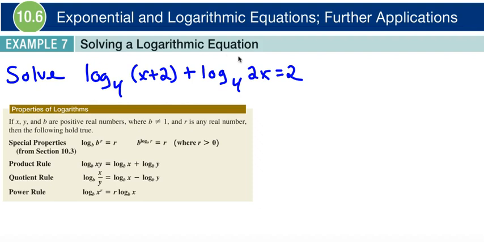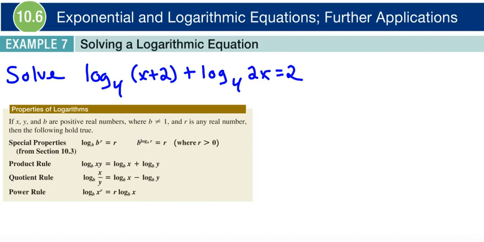If we look at the left side here, we can see that we have a sum of 2 logs, and when we have a sum of 2 logs, we're going to use our product rule, because that means we can write it as one logarithm when we take the product, multiply those 2 guys there.